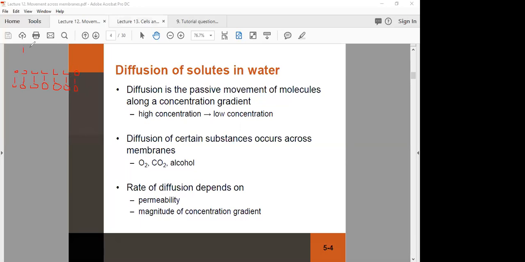Okay, so number one is passive diffusion from a region of high concentration directly through one side to the other without the aid of any transport proteins to low concentration. Okay, there we go.